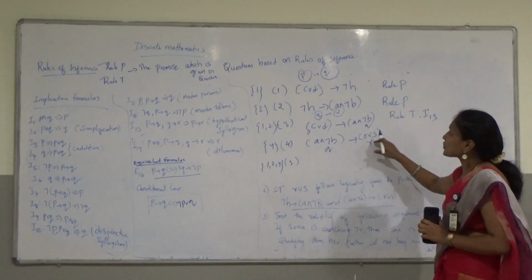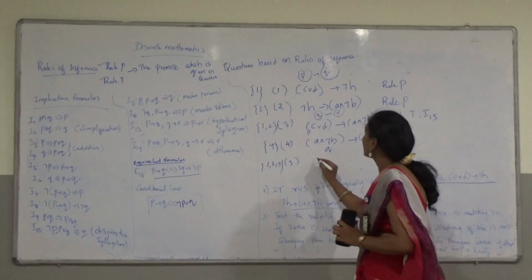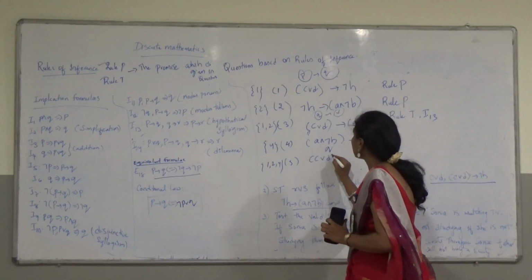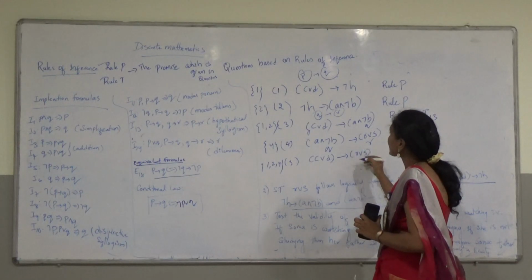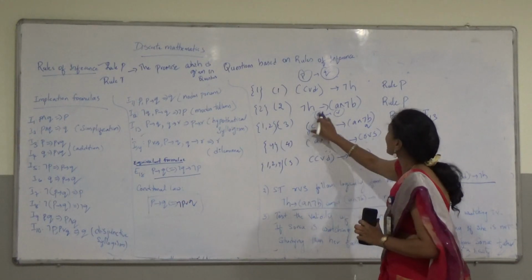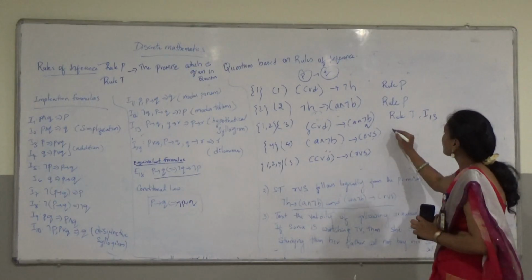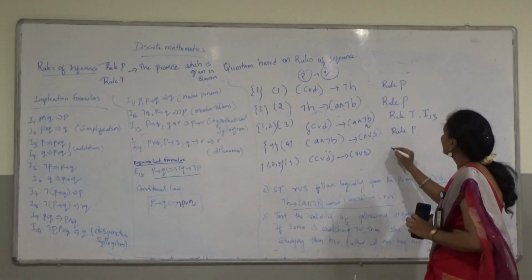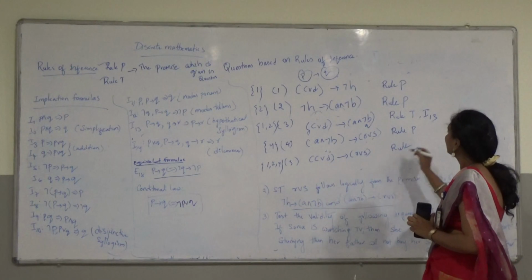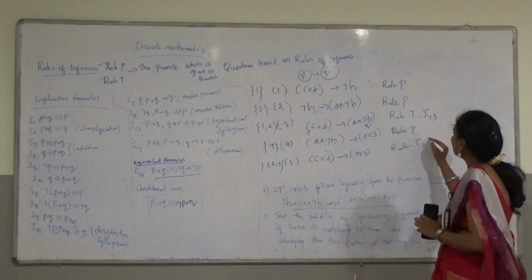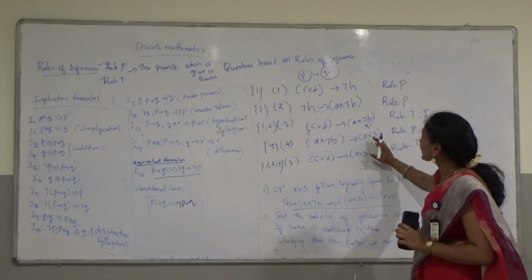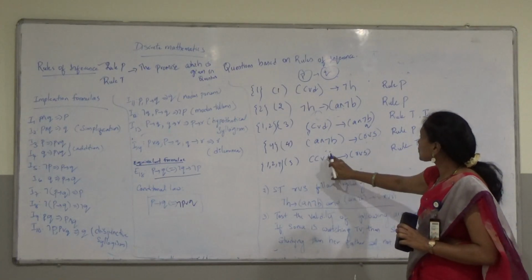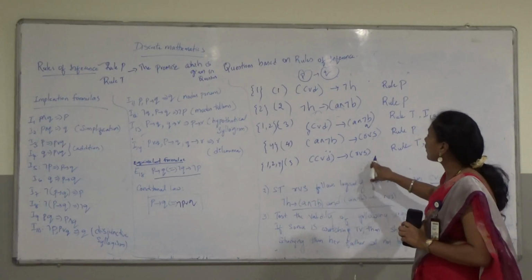So from this 2 what we are deriving is C or D implies R or S. Again we are applying the same formula, rule T and I13.